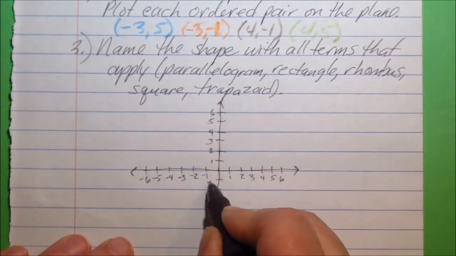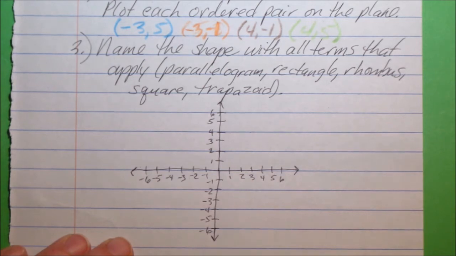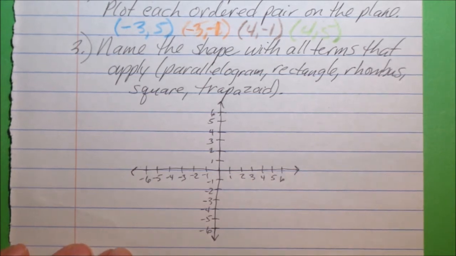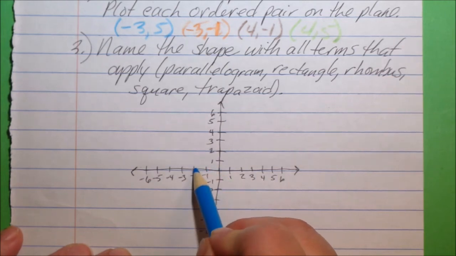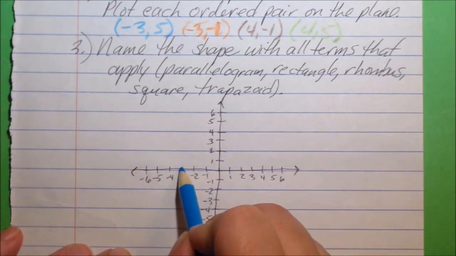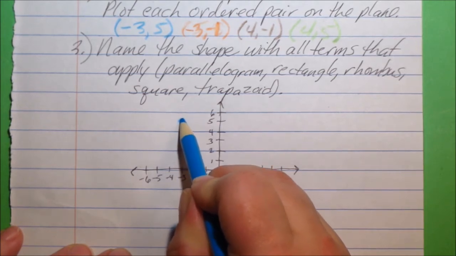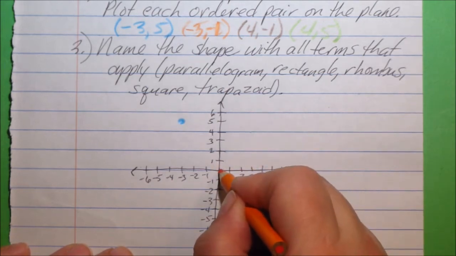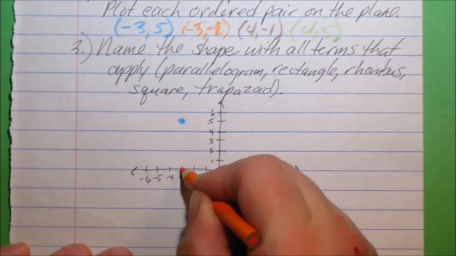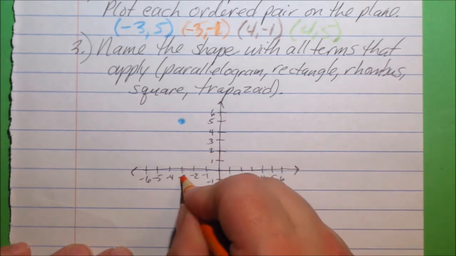And -1, -2, -3, -4, -5, -6. All right, so the first one is -3, 5. So on the x-axis, I'm going to go back to -3 and up to 5. There we go. The second one is -3, -1. So -3 and -1, that's down 1, right in the center here.